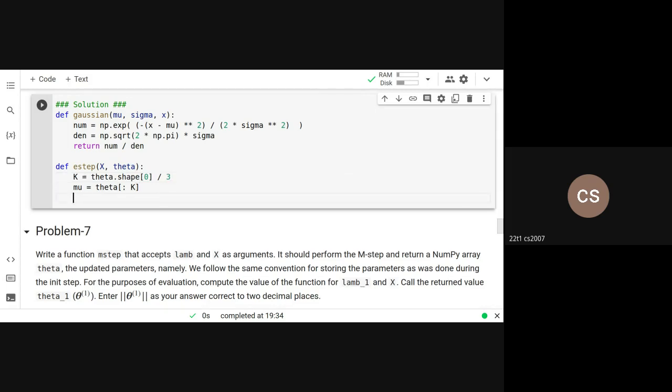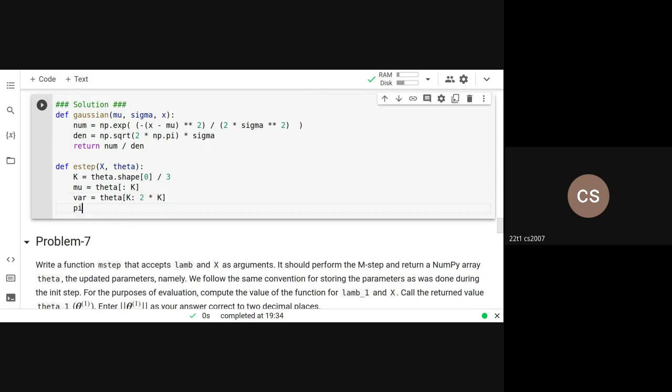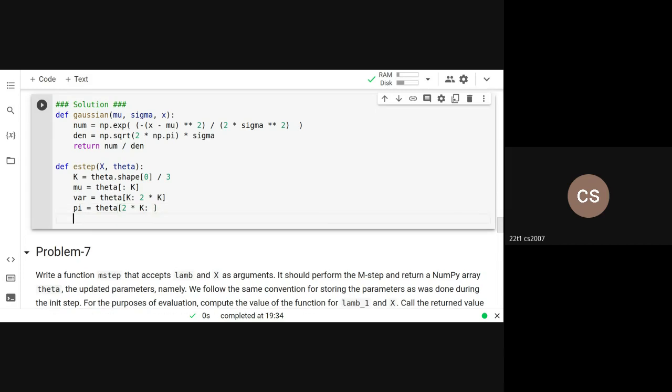So mu will be this. The variances will be k to 2k, and the pi's will be 2k to the end. So these are my parameters now.